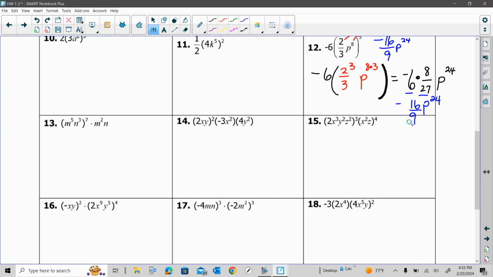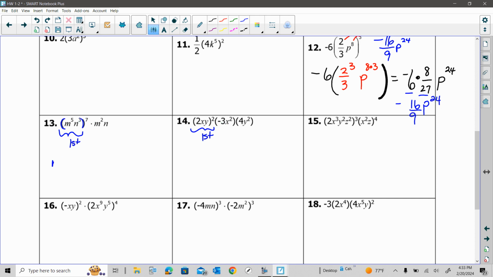And then this last section, we just have a combination here. So anything with parentheses and an exponent, like here on 13, this one you're going to have to do first. Then multiply. So I'm going to do all my power rules first. Exponents come before multiplication.